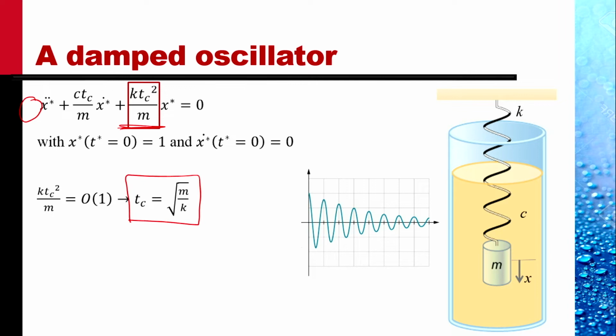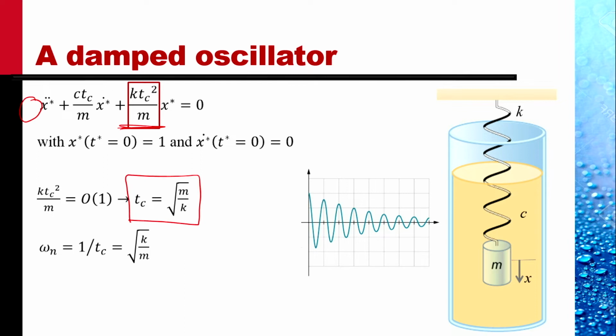This is a characteristic time in this problem. We will go further than this. We introduce a symbol omega n as 1 over tc, it is square root of k by m.